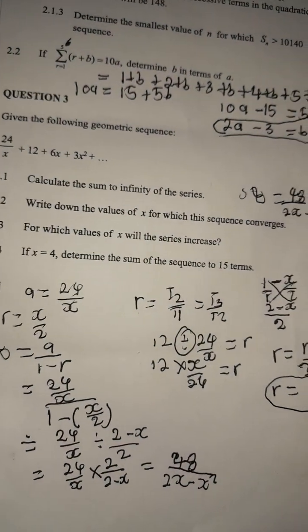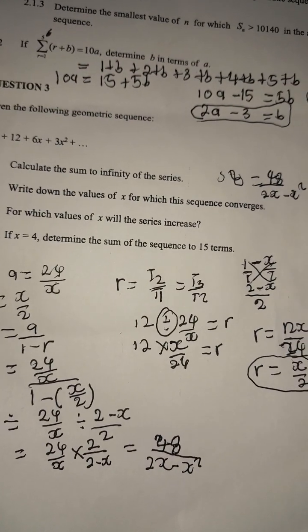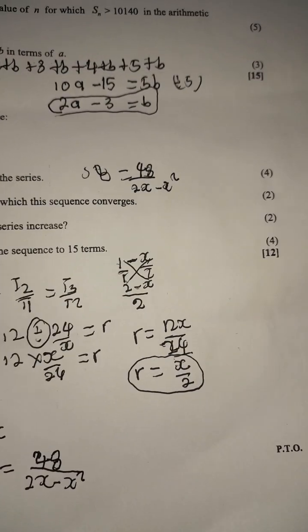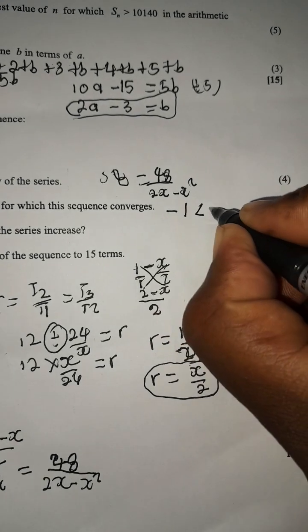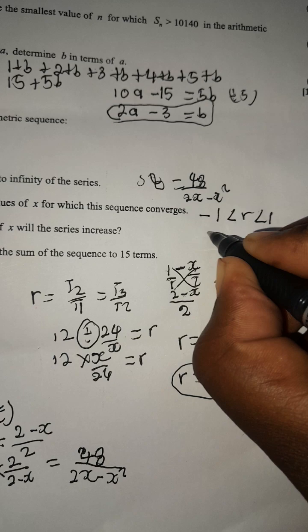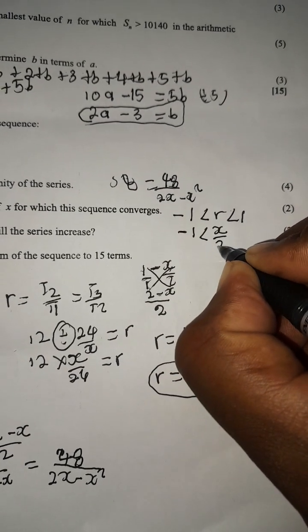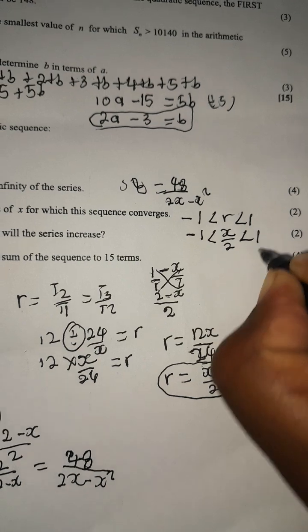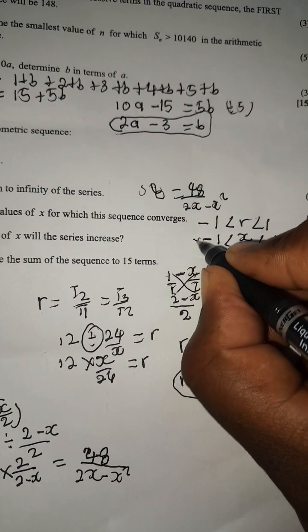Then they said, for 3.2, write down the values of x for which the sequence will converge. Remember, the sequence will converge when -1 is less than r and r is less than 1. So where we see r, we're going to put x all over 2. Because it's in terms of x, we are going to multiply everything by 2.